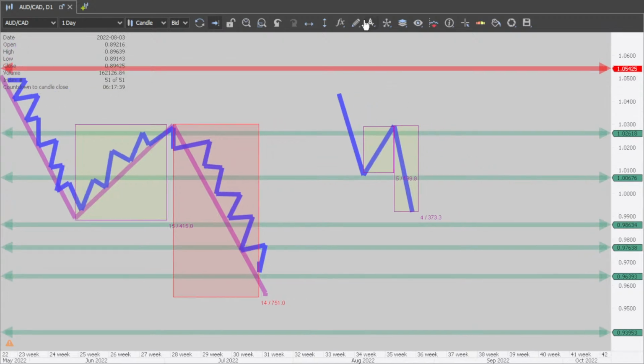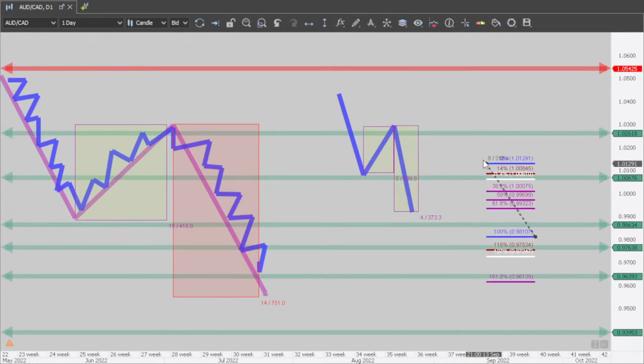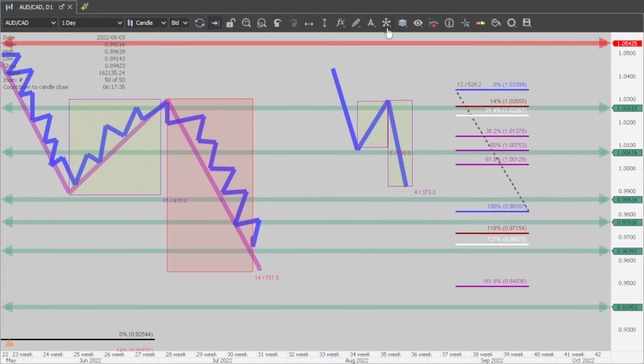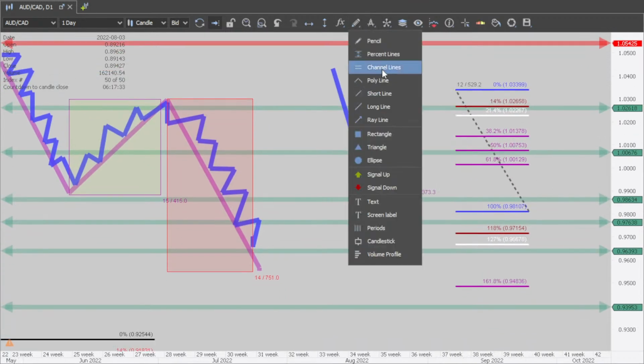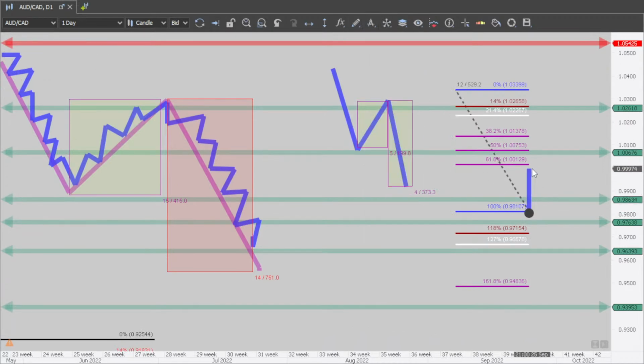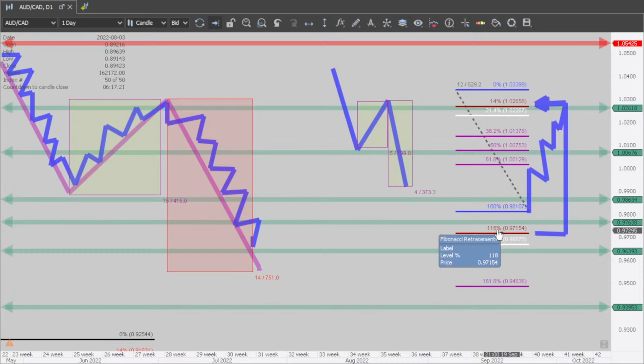And lastly, talking about the Fibonacci, even when the market retraces to the last level, which is this one, kind of brown, the extension is still going to be bigger.